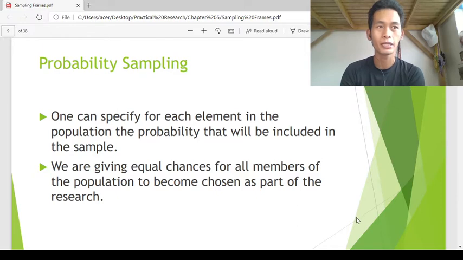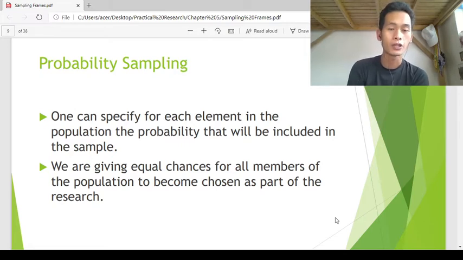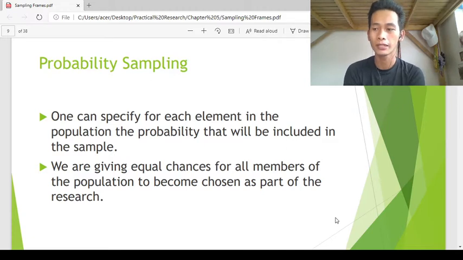By using probability sampling, you give a chance to all the members of the population to become chosen as part of the research, diba? Probability, you determine the probable, diba? Who are these probable members or the probable participants or respondents of the study. So it gives equal chances for all members of the population to become chosen as part of the research.